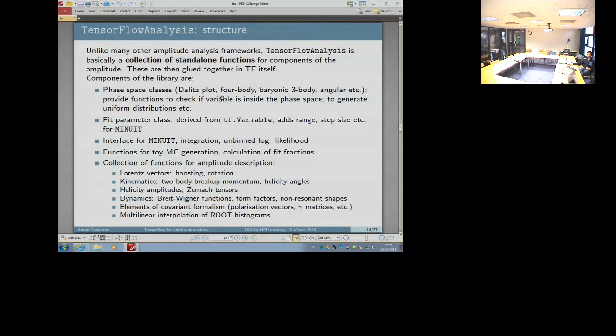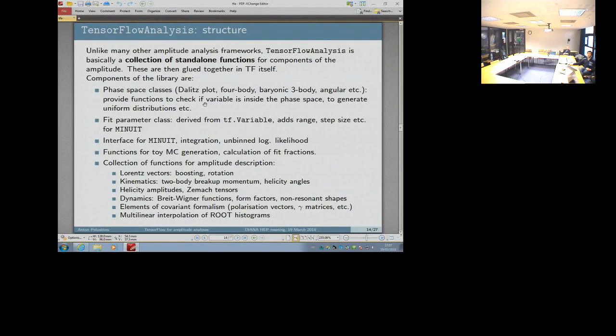The phase space for four-body, which is five-dimensional, baryonic three-body decays, which also includes angular observables and so on. So these classes provide functions to check if your set of kinematic variables is inside or outside of this phase space, to generate uniform distributions and so on.